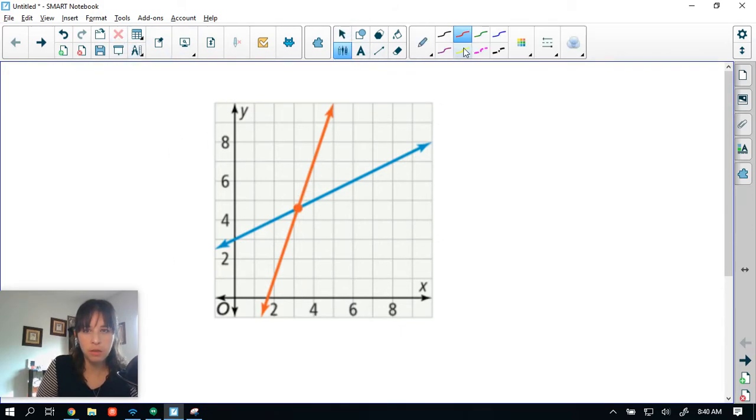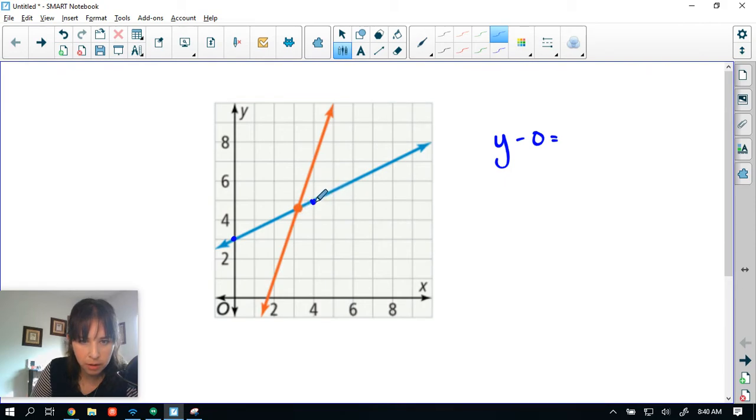Okay, I'm going to do the blue line first. So I'm going to get blue here, and I'm going to do point slope form. So I'm going to pick the y-intercept. So we're going to have y minus 0, because that's where it hits here on the y, equals my slope. So let me see.